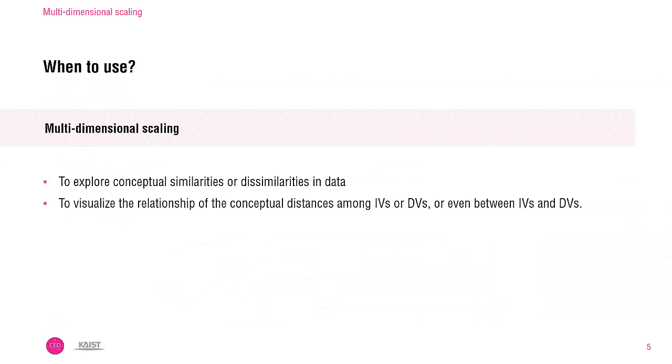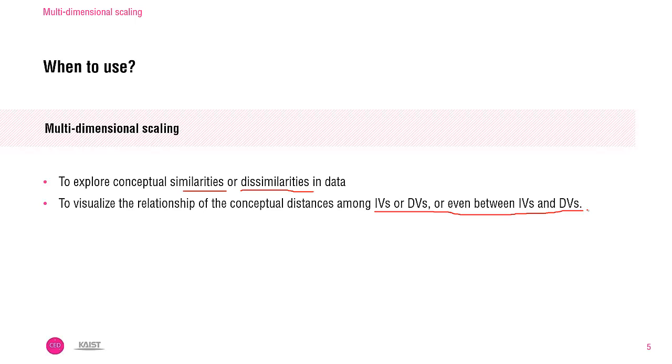So multidimensional scaling is useful when we need to explore the conceptual similarities or dissimilarities in data, or when we need to visualize the relationship of the conceptual distances among independent variables or dependent variables, or even between independent variables and dependent variables.